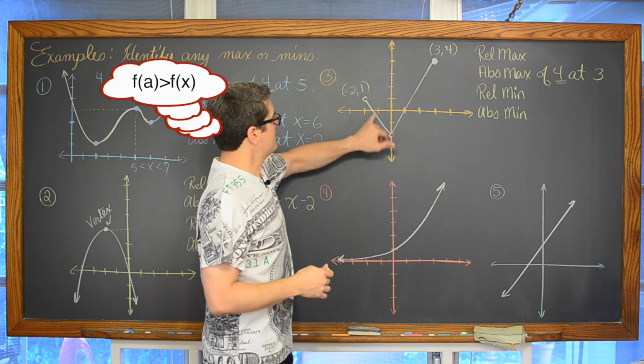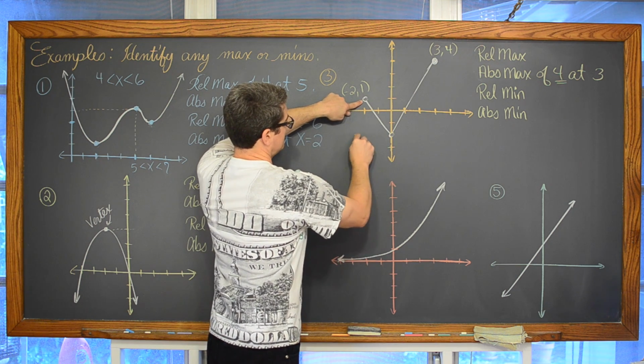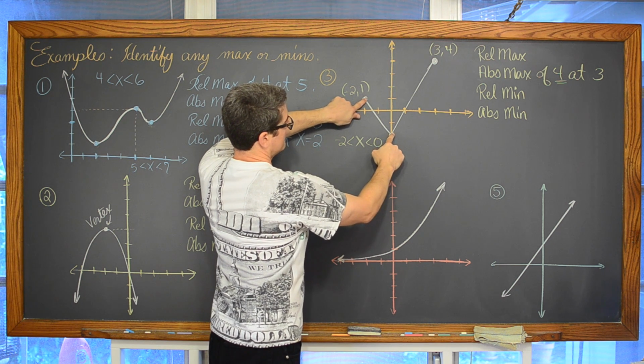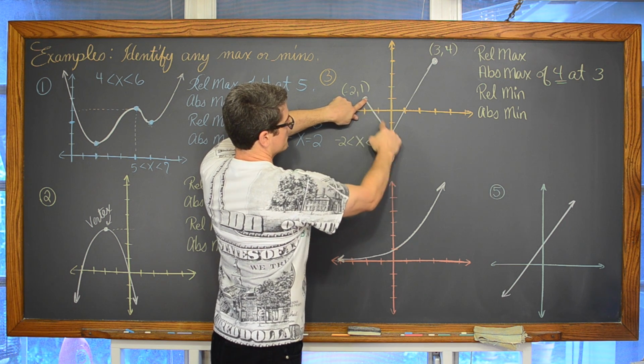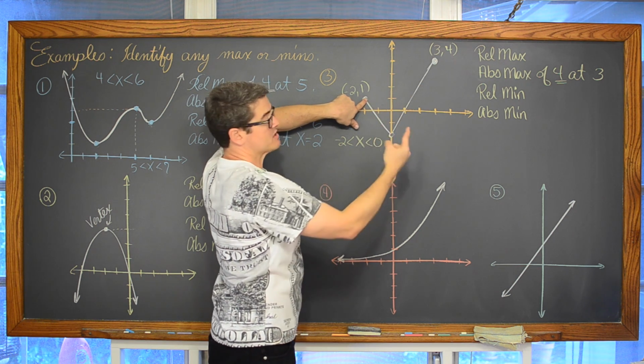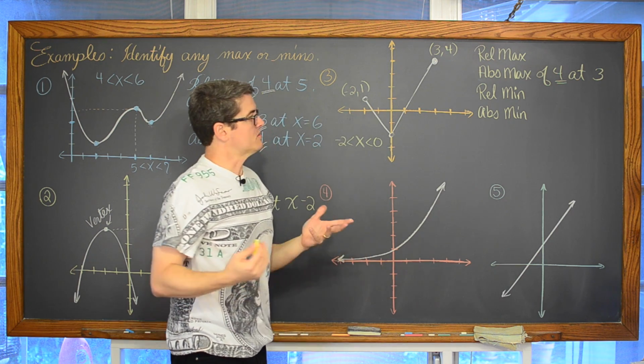Well, if I make those dots hollow, indicating an open interval from -2 to 0, then there's no place where the graph rises and then falls again. That -2, 1 is just an endpoint.